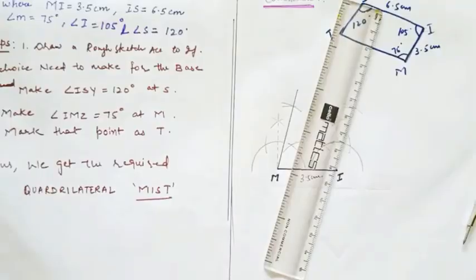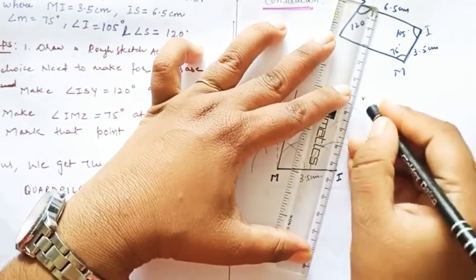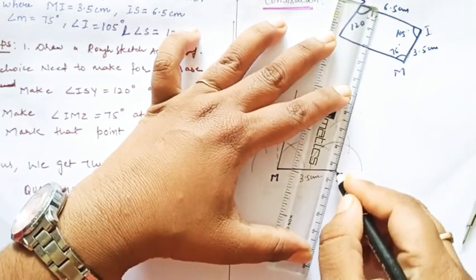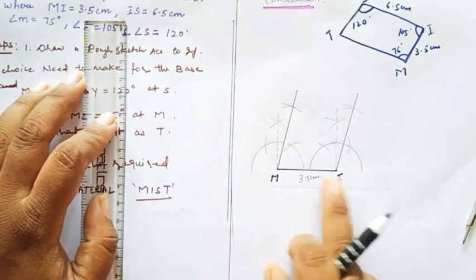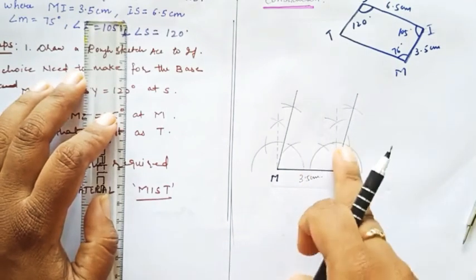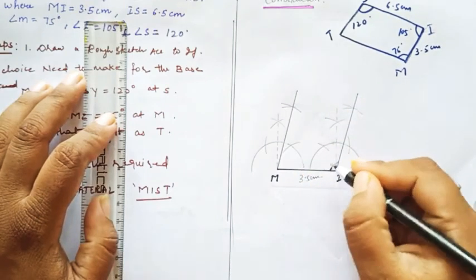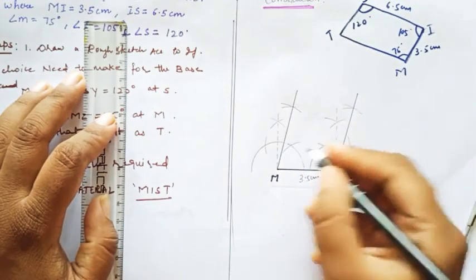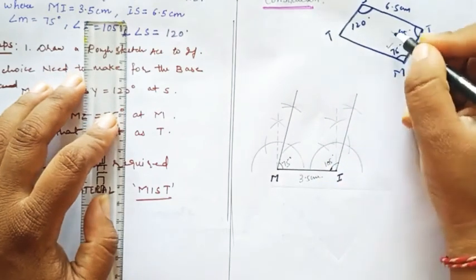See, this is 105, because the point of reference is on that side, so this is 60, this is 180, and between these two is 105. So this is our 105 and this is 75. Okay, 75 over, 105 over, 3.5 over.